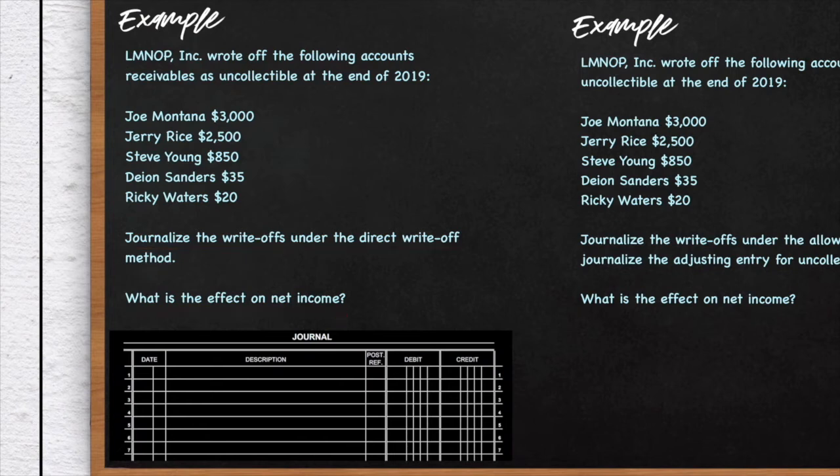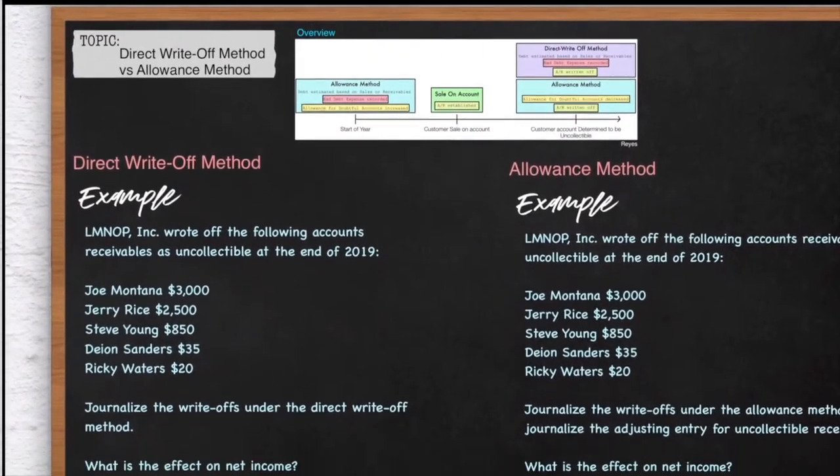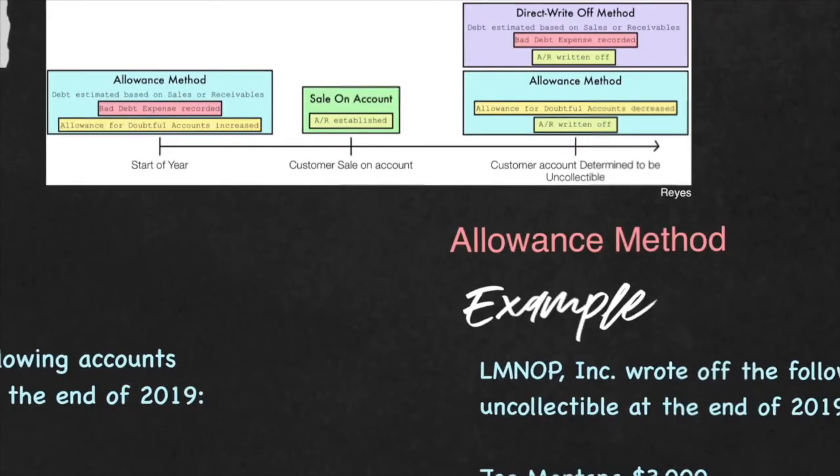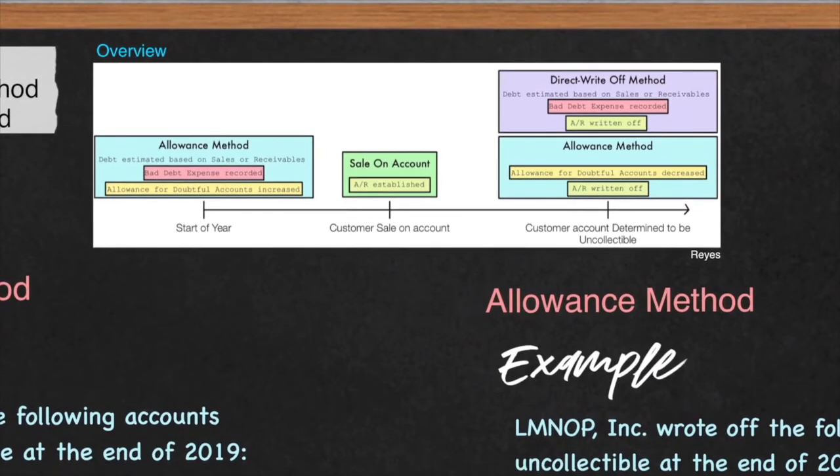All right, remember, this is the direct write-off method. And if you remember from our chart, the direct write-off method only involves one journal entry when you go to write off the account. And that's a debit to bad debt expense and a credit to the accounts receivable to write off the open accounts.